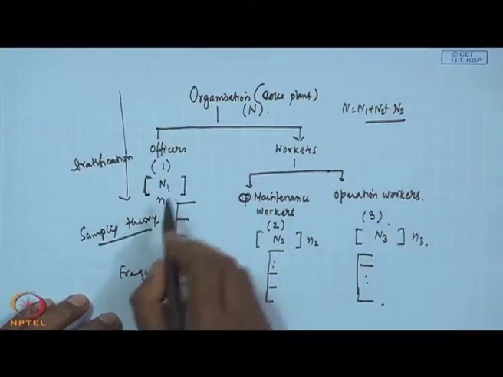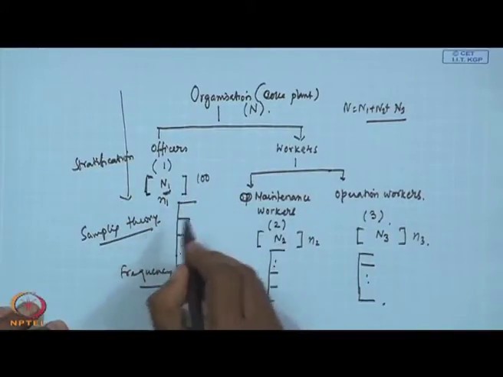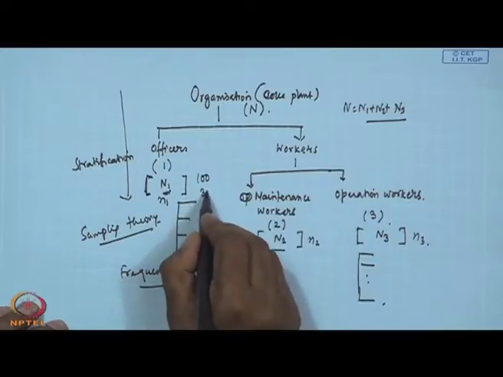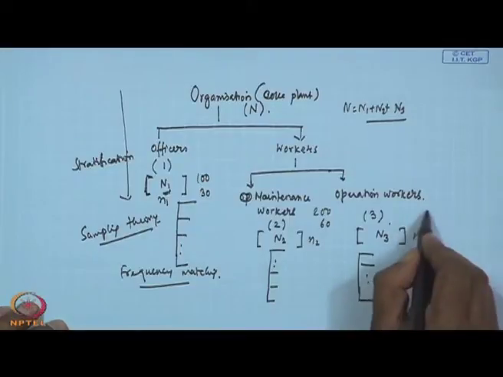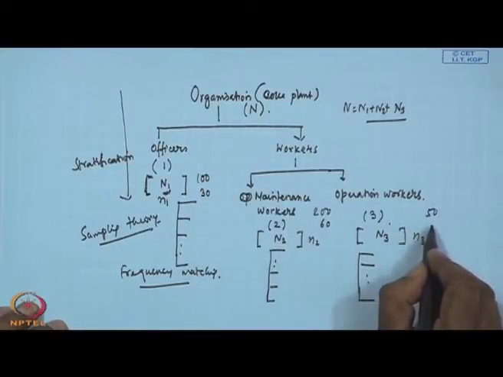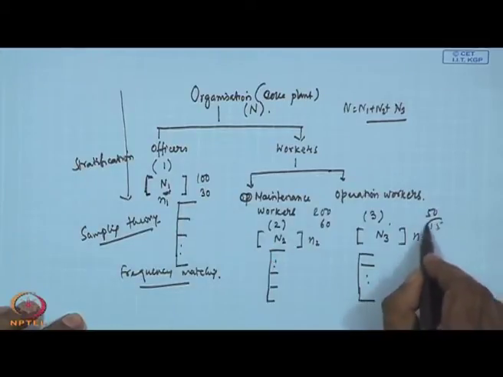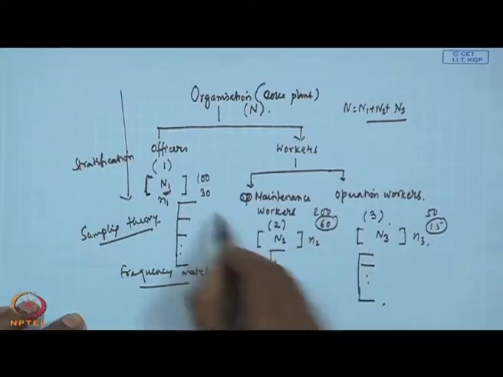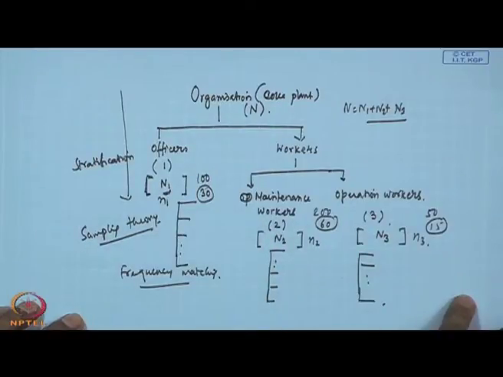Frequency matching means if there are 100 workers working here and you collect 30, and here there are 200, then it should be 60. Suppose here it is 50, then it will be 15 for every 100. This is what is known as the number of people working vis-a-vis the sample collected.